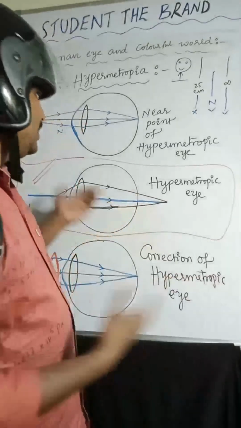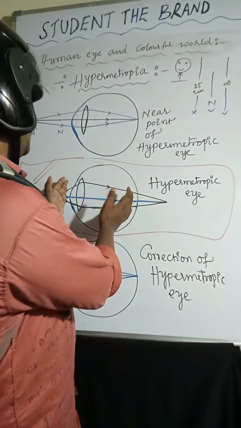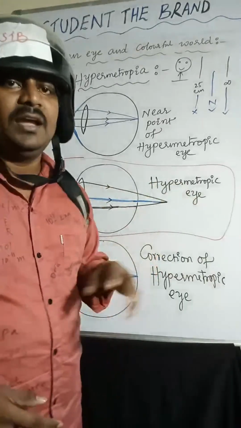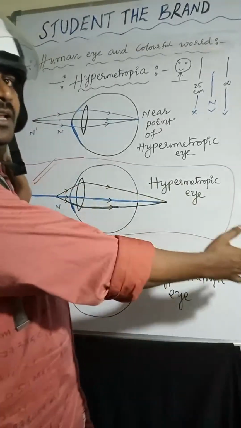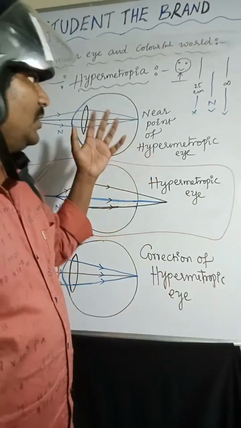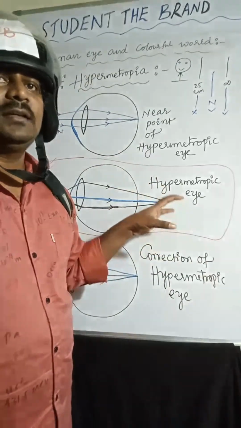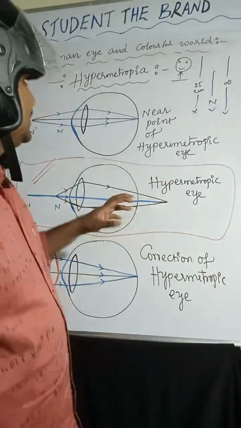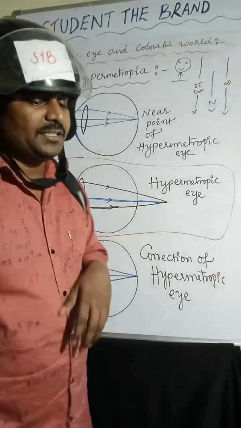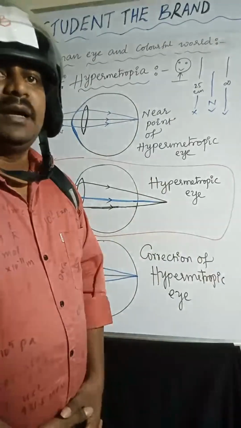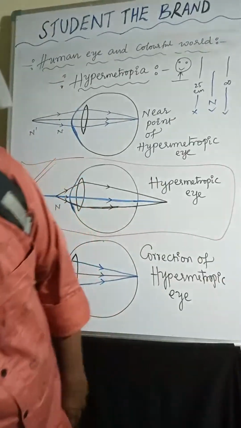Eyeball is too small, focal length is too long. So these are the causes of hypermetropia. Okay, so that's enough. This is about hypermetropia. I hope it is very clear to you all. Right? Yes. Next one.